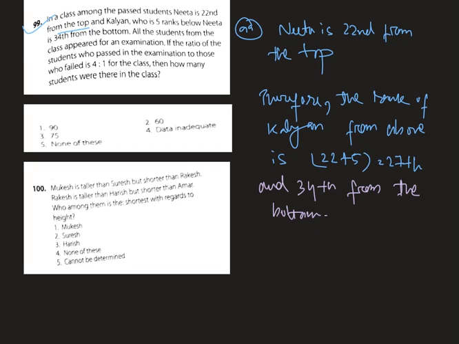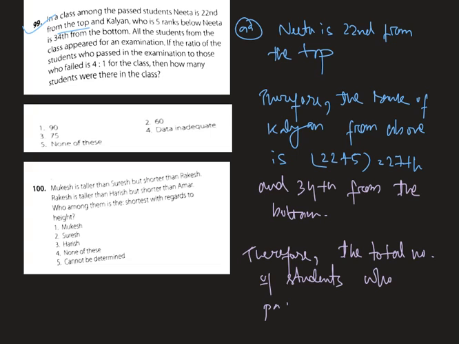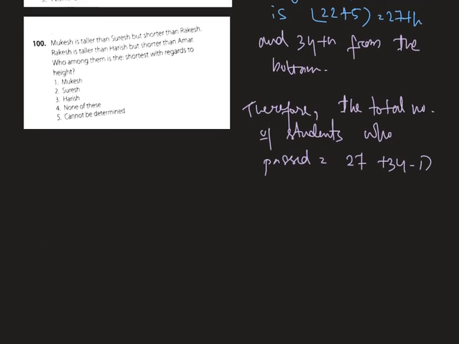Therefore we can say that the total number of students is equal to 27 plus 34 minus 1, and this is equal to 60.